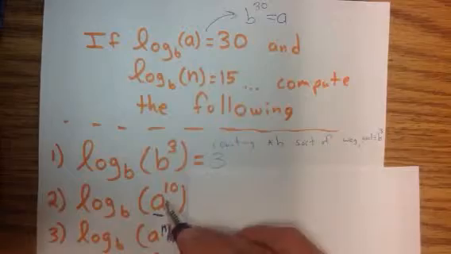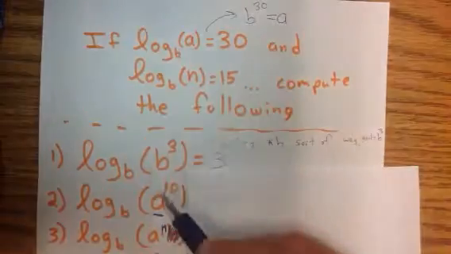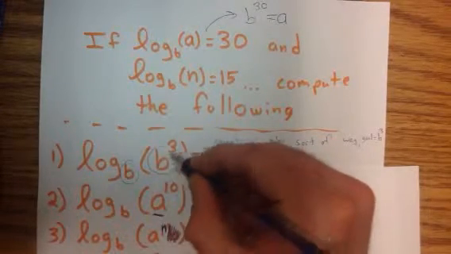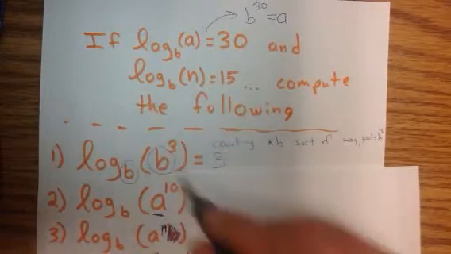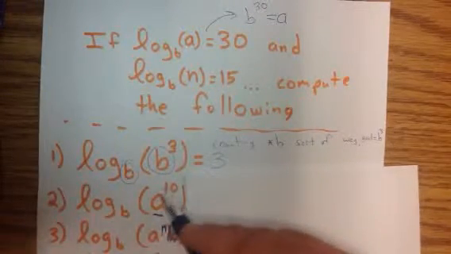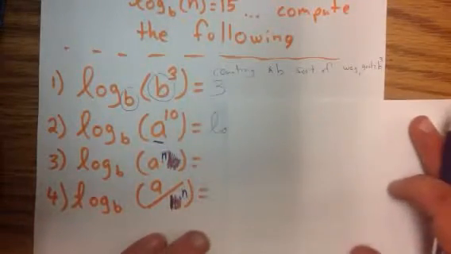So wherever we see an a, we can rewrite it as b to the 30th, which is helpful because when our base matches up with the base here, we can say the answer is the exponent. Right now we don't have that luxury, but we can do a little bit of work to change that.